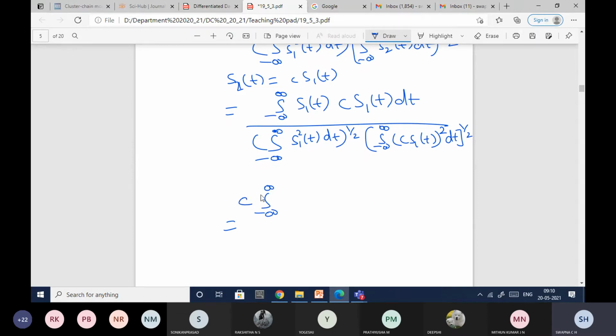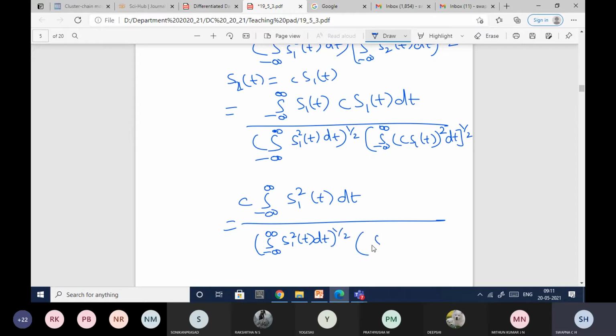Anyway, c is a constant, I'll take it outside: s1(t) into s1(t), it will be s1 square of t dt, divided by the integral from minus infinity to plus infinity of s1 square of t dt, whole power half. Here, in the integral of c square s1 square of t dt, whole power half, c square is a constant, I can take it out.